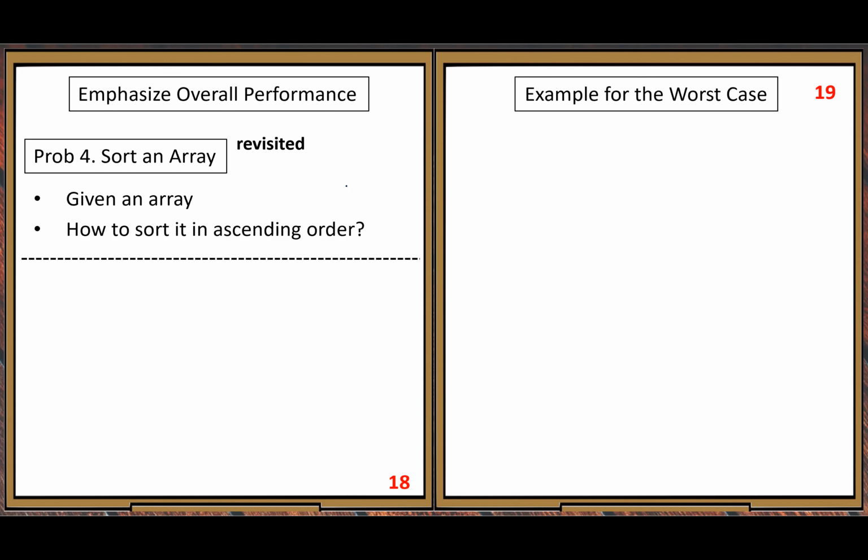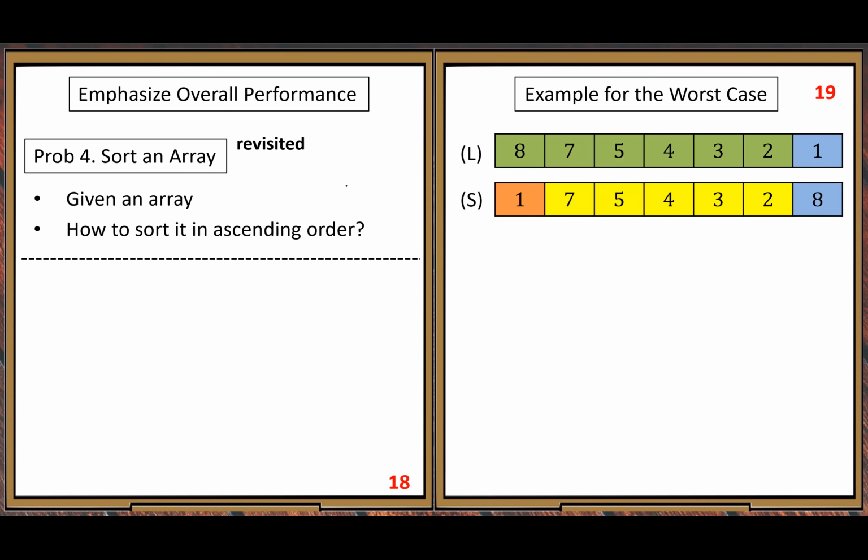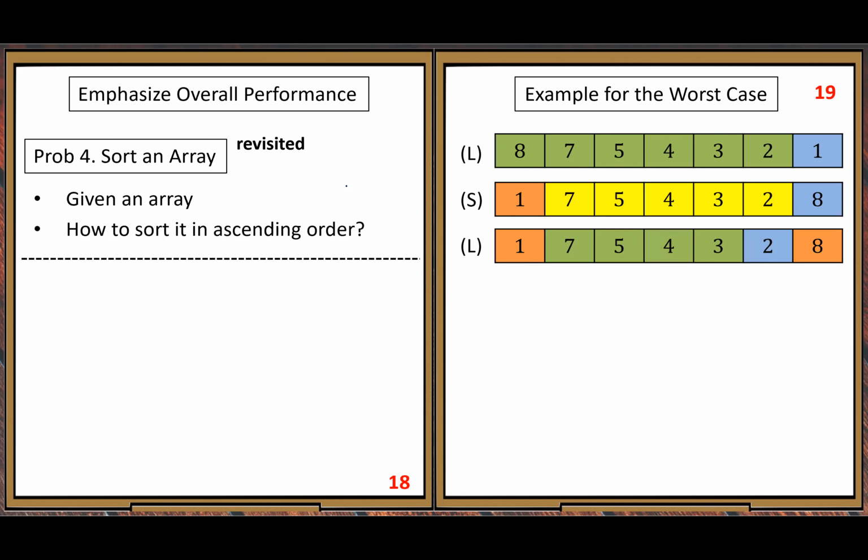Next, an example for the worst case. Before we end this topic, let me show you a typical worst case example. Let us use this array. You can see 1, the minimum, is the pivot. After one partition step, we put 1 in place. But then the largest element, 8, is the pivot, so another extreme case.